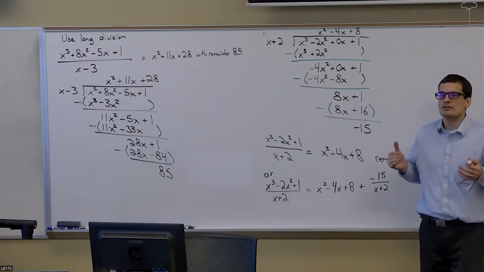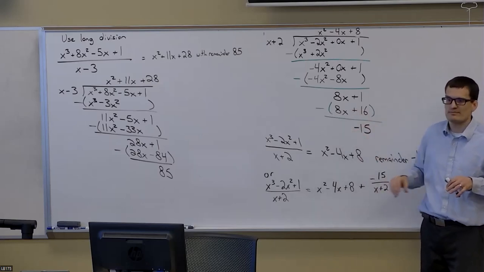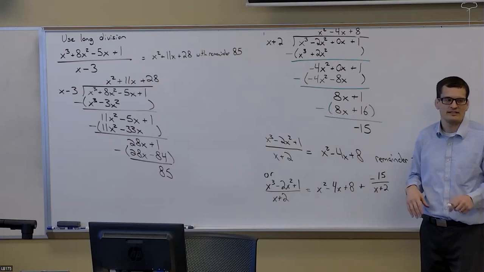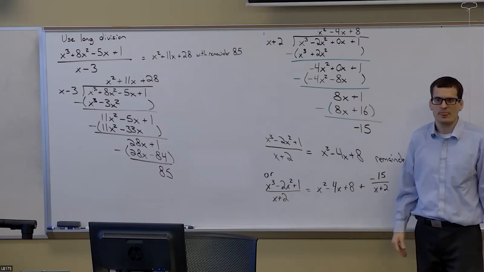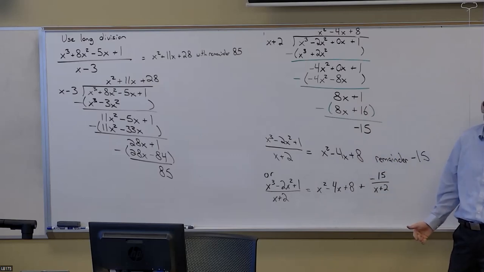Now, the issue with doing things always with long division is it just takes time. And it takes a lot of writing. So there's another division that we can do, which takes a little bit less time.